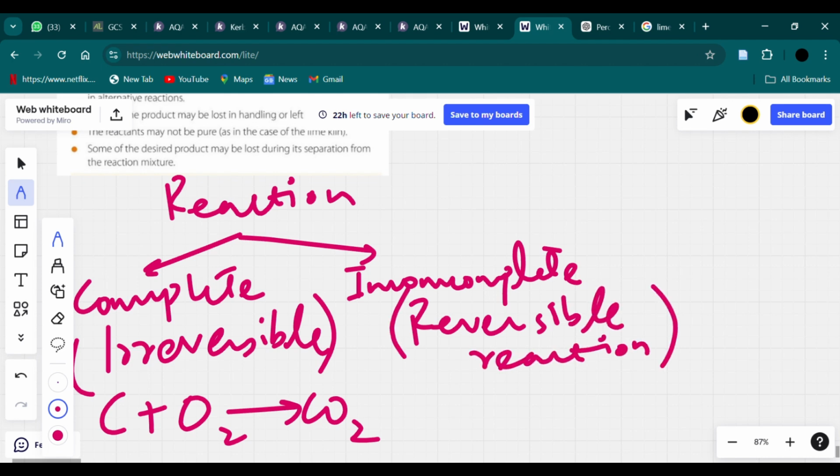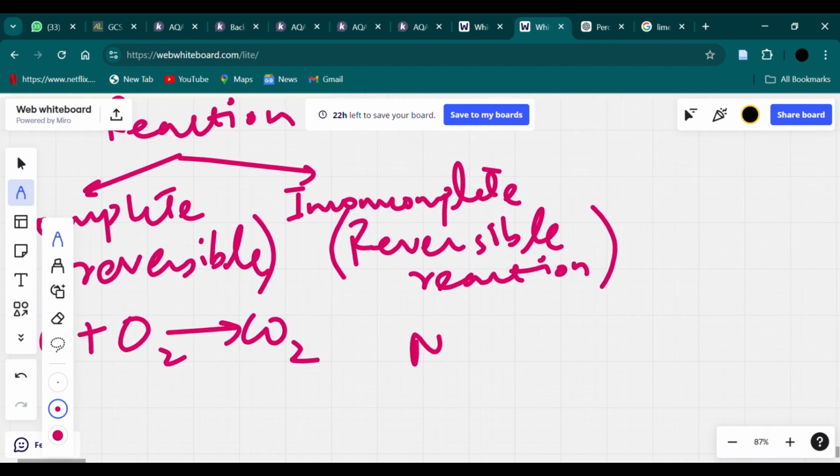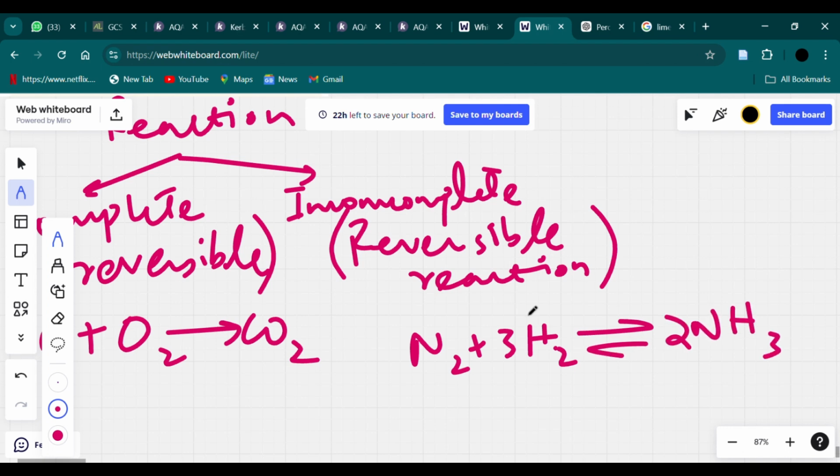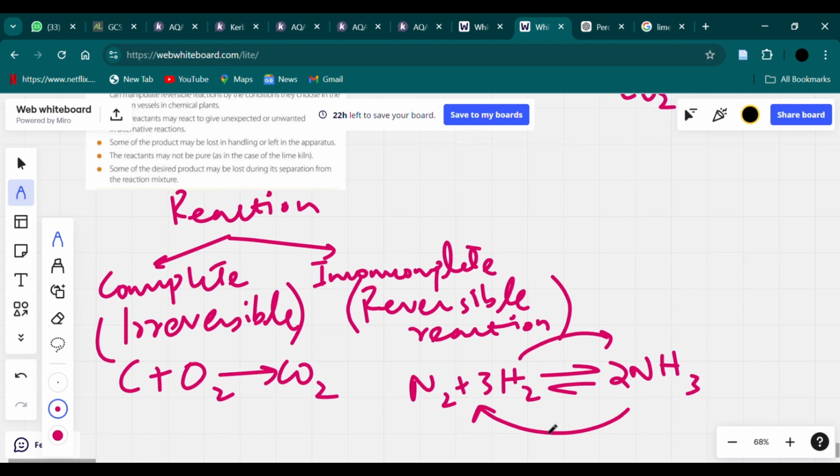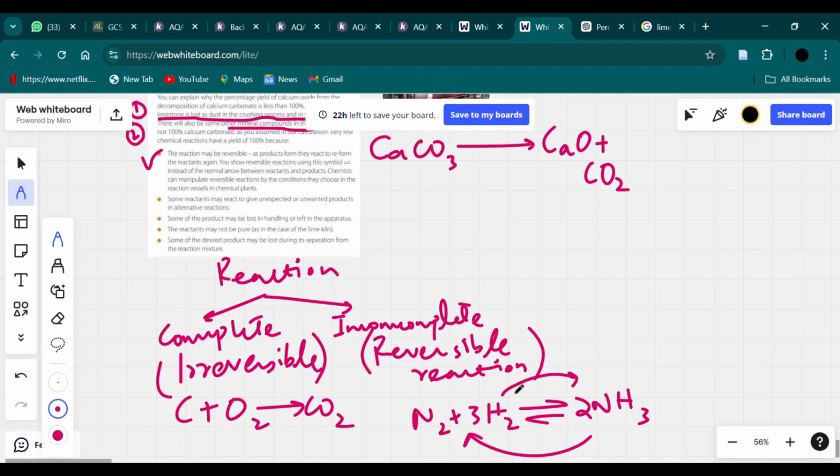So what are reversible reactions? Reversible reactions are reactions in which the reactants are converted into the products, and at the same time the products are converting back into the reactants. So there is no completion of the reaction, and it just goes on and on, and the reaction doesn't go to completion.